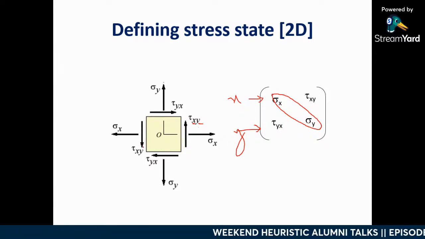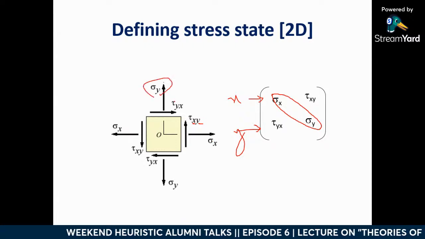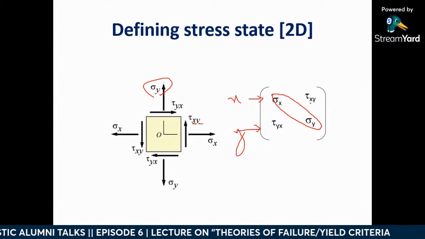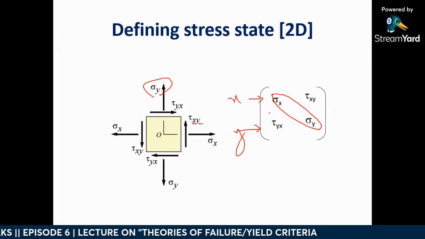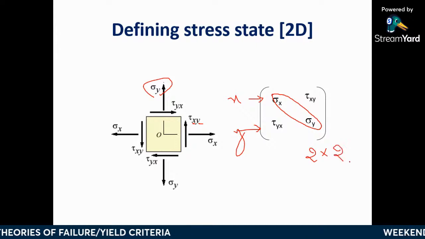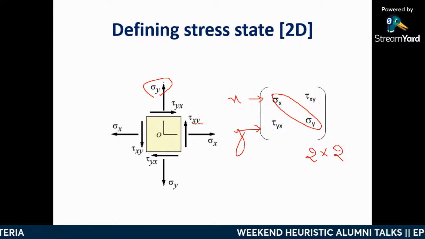That's it, right? Do you have any other component? Sigma x is there, sigma y is there, tau xy and tau yx. That's it. So you will get 4 components, which will be represented in a 2 by 2 matrix. This is the meaning of defining the stress state at a particular point.